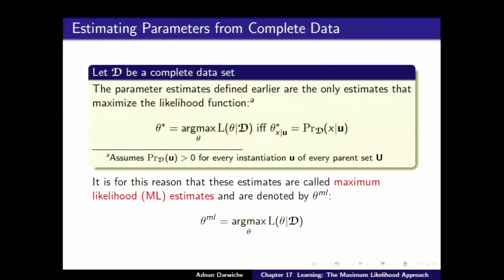So indeed, using the empirical distribution, in this case, complete data, will give you maximum likelihood estimates, and they're unique. This is important because when we go to incomplete data, you will see that maximum likelihood estimates are no longer unique. You could have multiple sets of parameters that maximize likelihood.